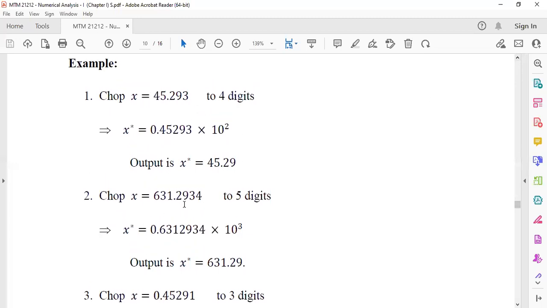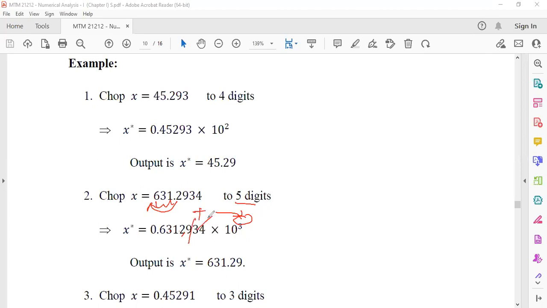So you have to write it as a floating point number. You have to take the decimal to this side, so it will be plus 10 to the power. We are taking 1, 2, 3, so 10 to the power 3. Then we have to chop 5 digits: 1, 2, 3, 4, 5.